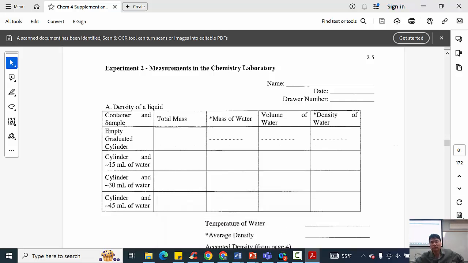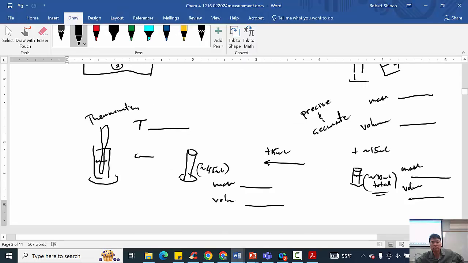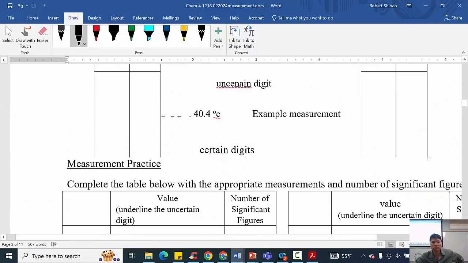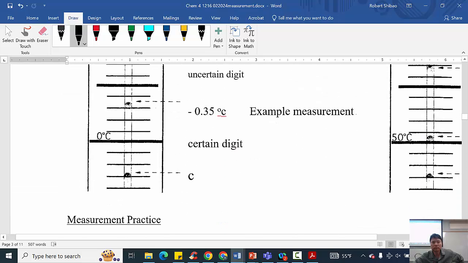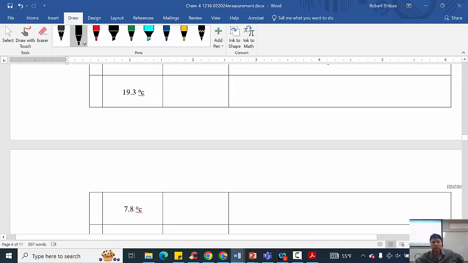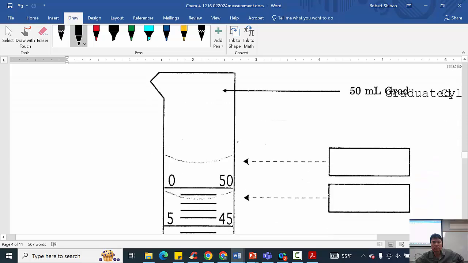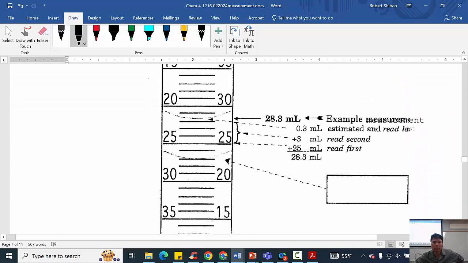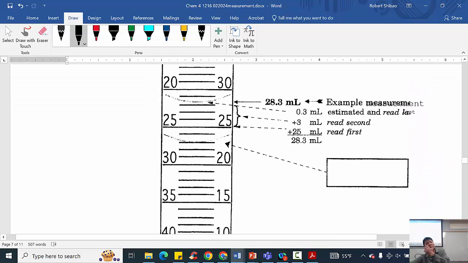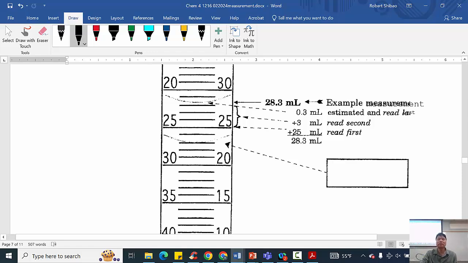Actually, so we need about 15. It doesn't really matter how much.